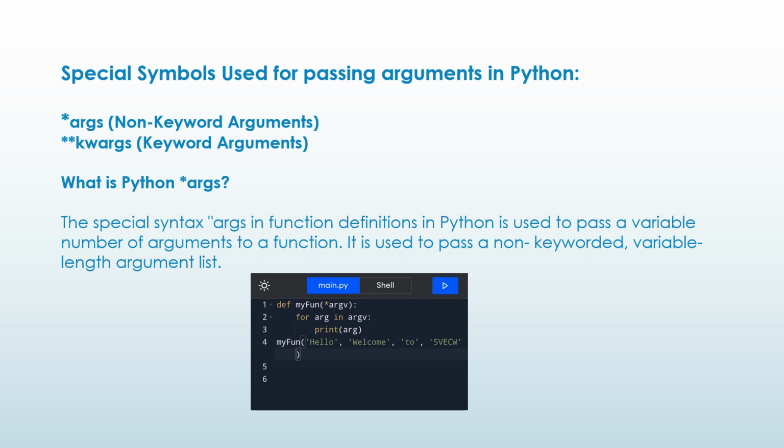In this specific example, when the function myFun is called with the arguments hello, welcome, to, swag, the arguments are passed into the argv tuple. The for loop iterates over each element in the argv tuple, and the print statement prints each argument on a separate line. Therefore, when you run myFun hello welcome to swag, the output will be as follows.